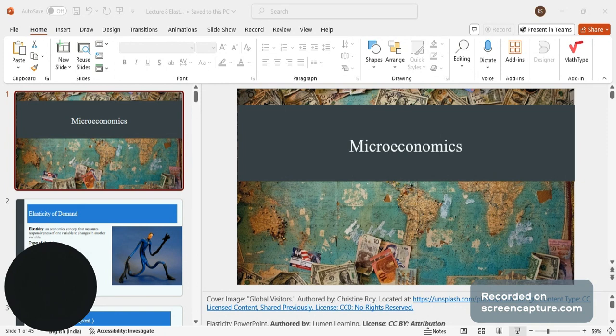So basically there are three types of elasticity. We have all discussed this: price elasticity, income elasticity, and cross elasticity. Price elasticity means the quantity demanded changes because of the change in the price, right?